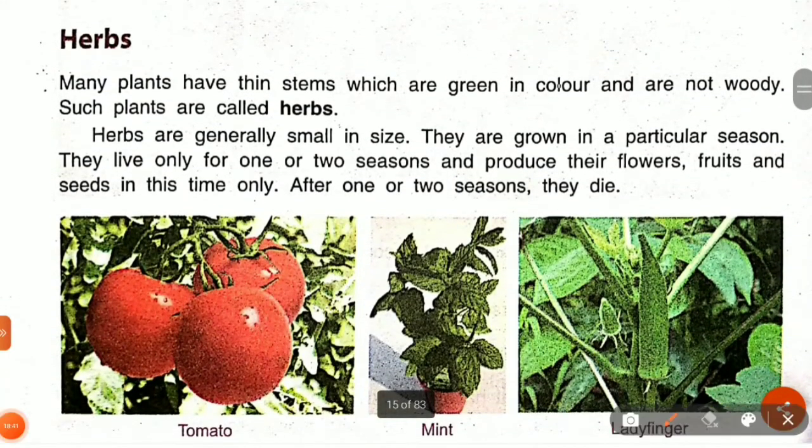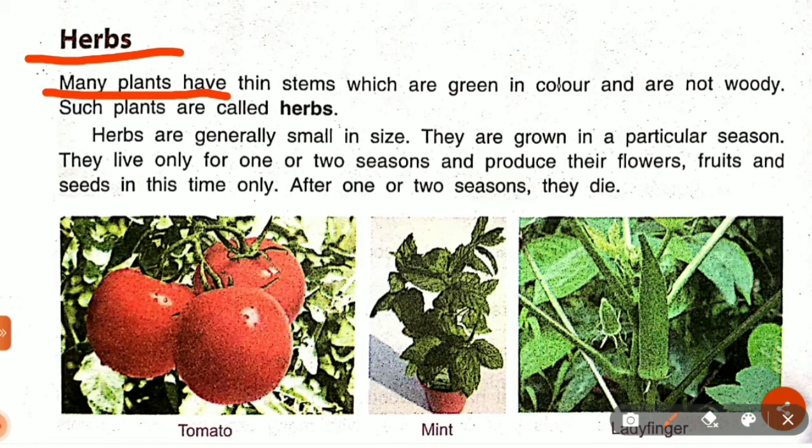The next category of plant is called herbs. Many plants have thin stems which are green in color and are not woody. See, a tree has a woody stem, right? It will be very strong. The next one is shrubs. Shrubs will also have woody stems but are small plants.